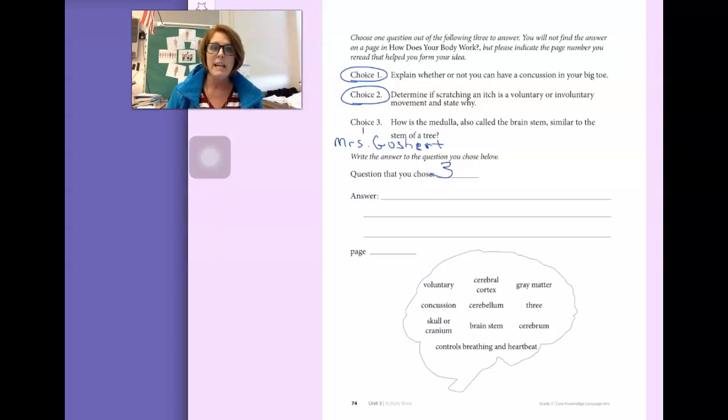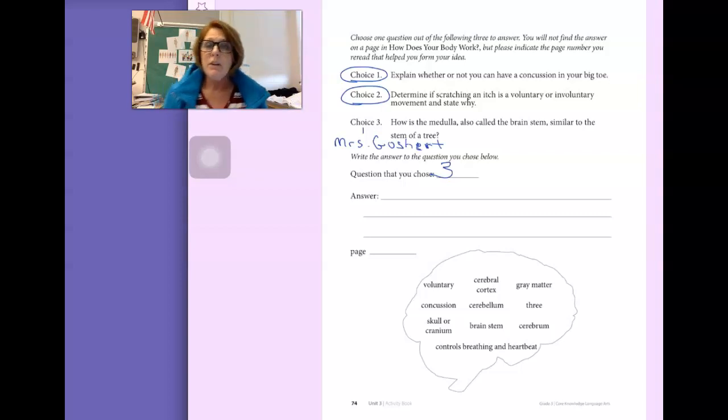So when I read in the chapter, let me get my book here, it talks about the medulla on page 45. What it says is, the medulla, or brainstem, is located at the base of the skull in the back, right where the spinal cord meets the brain.